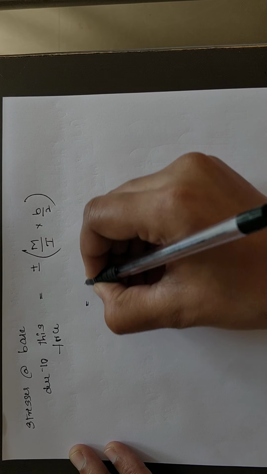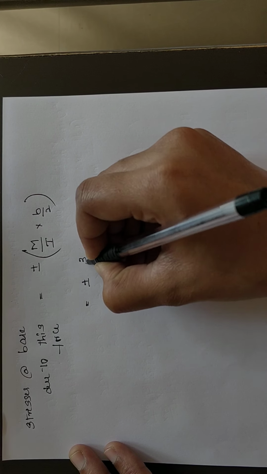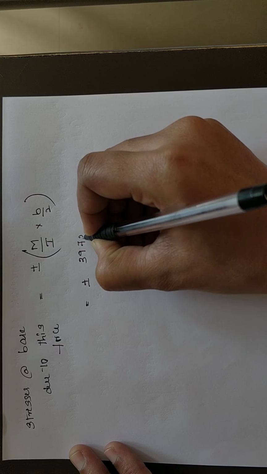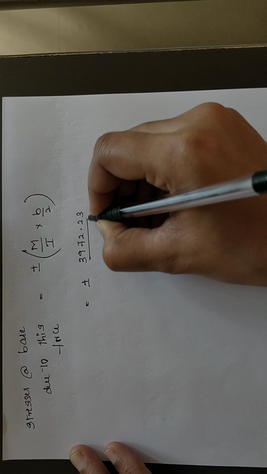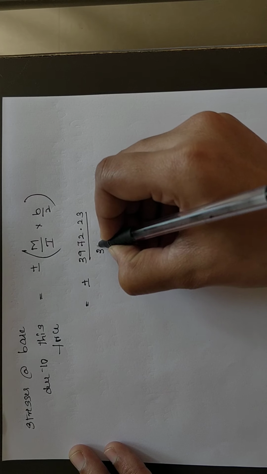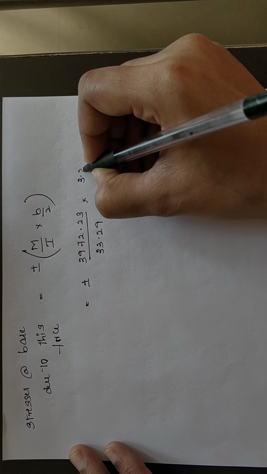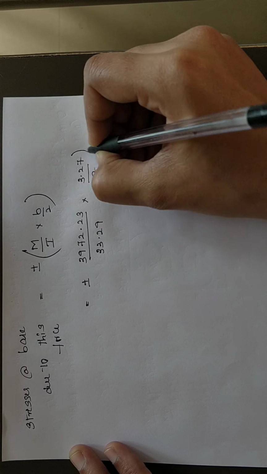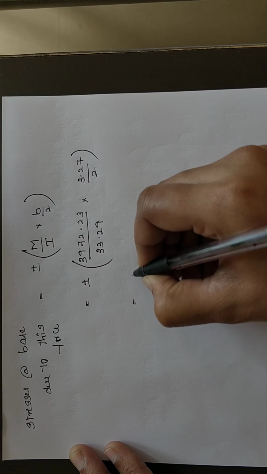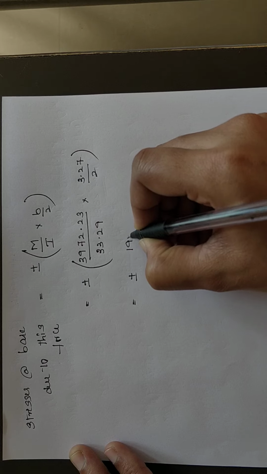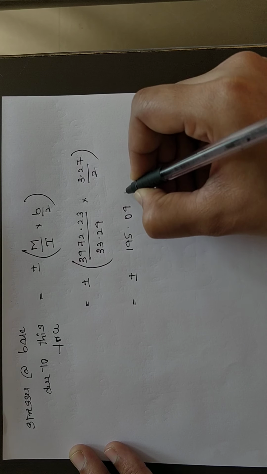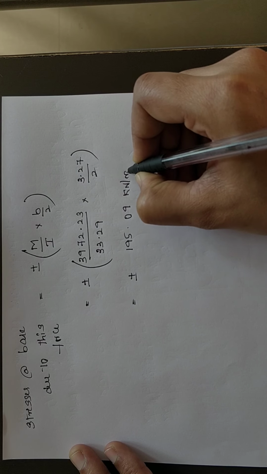M value is 3972.23 divided by I value 33.29 multiplied by 3.27 divided by 2. Then you calculate, you will get 195.09 kilonewton per meter square.